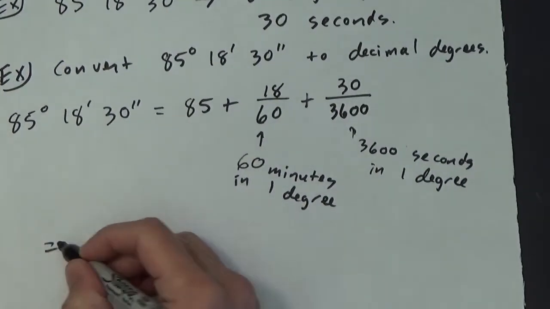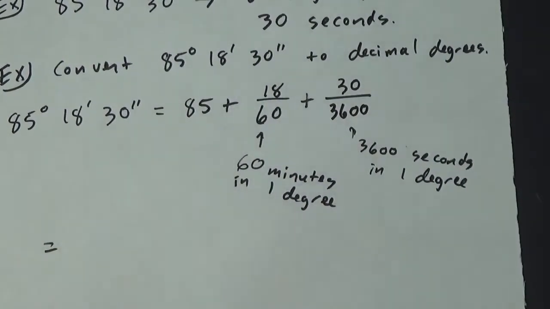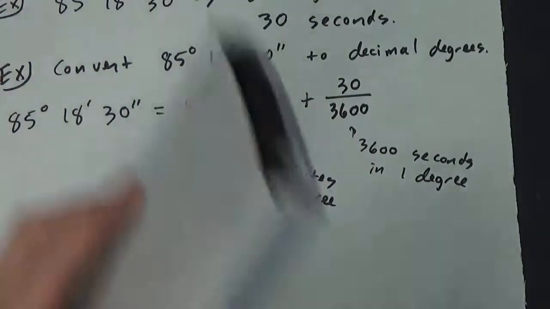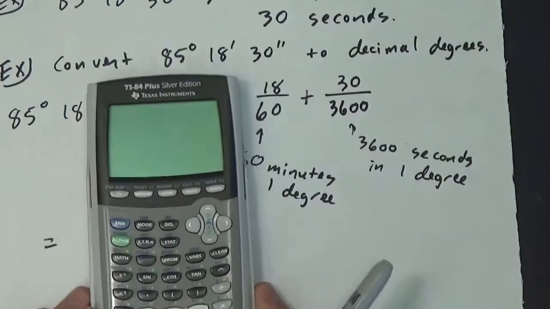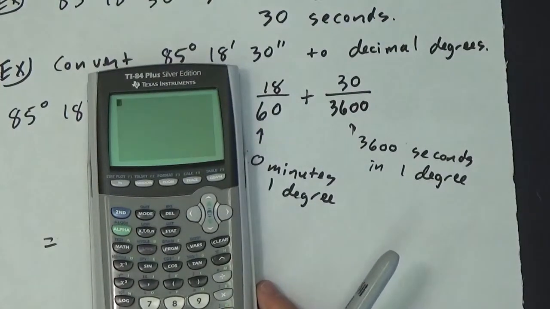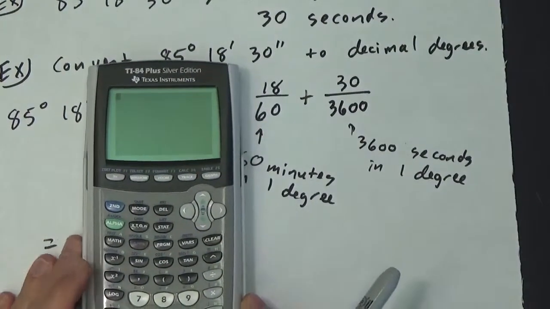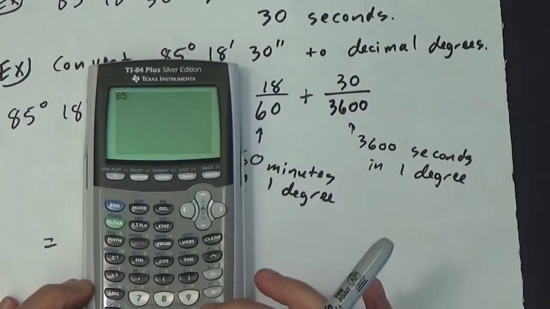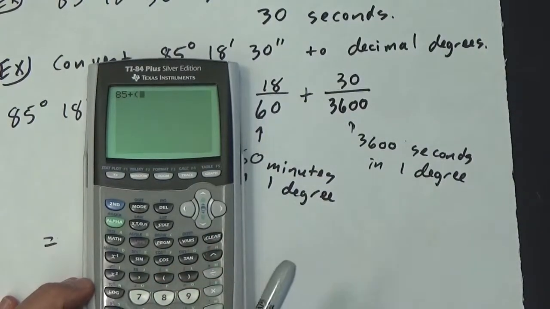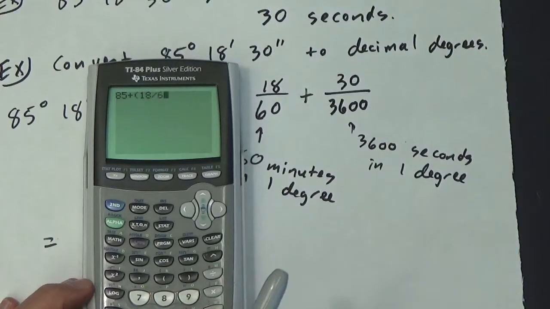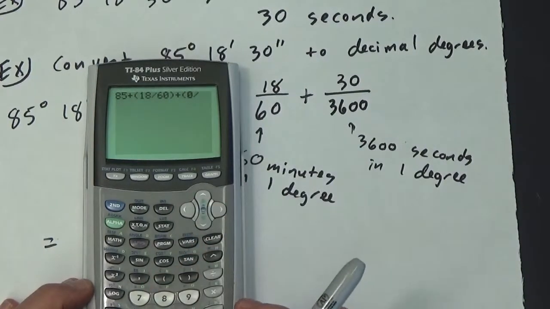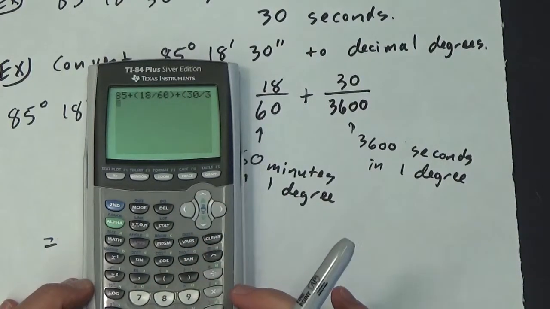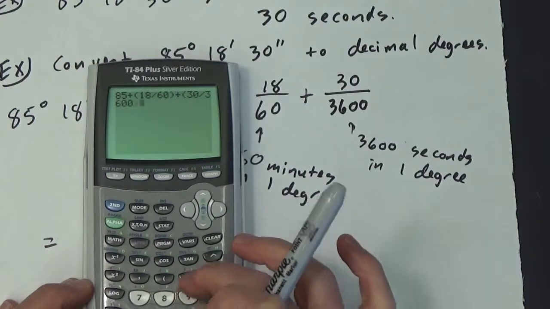Usually, this ends up being a calculator problem. So you take out your calculator, turn it on, and we go through. We have 85 plus 18 divided by 60 plus, I'm going to put some parentheses there, 30 divided by 3,600.